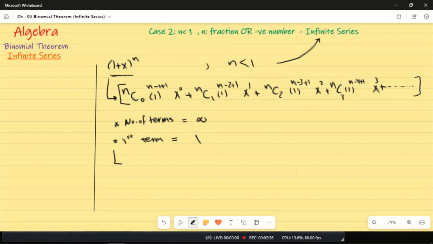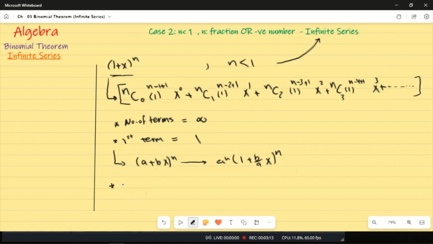And if I have, for example, a plus b x power n, this will be converted to a power n, 1 plus b by a x power n. We take a as a common factor from this bracket. And here the values of x for substitution are limited.